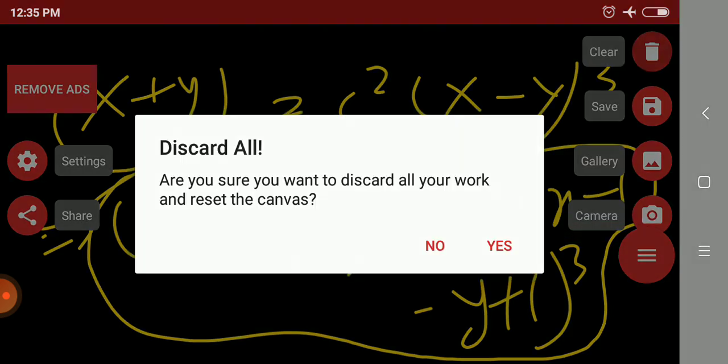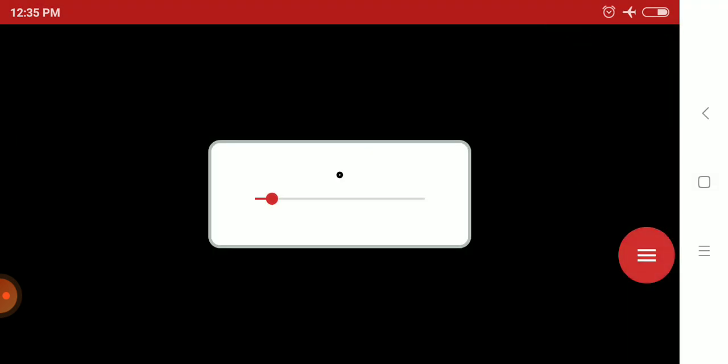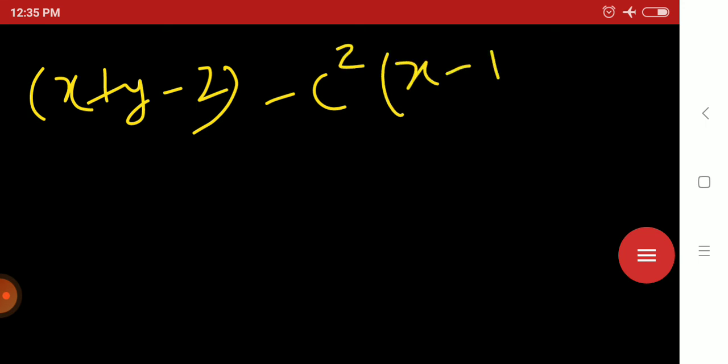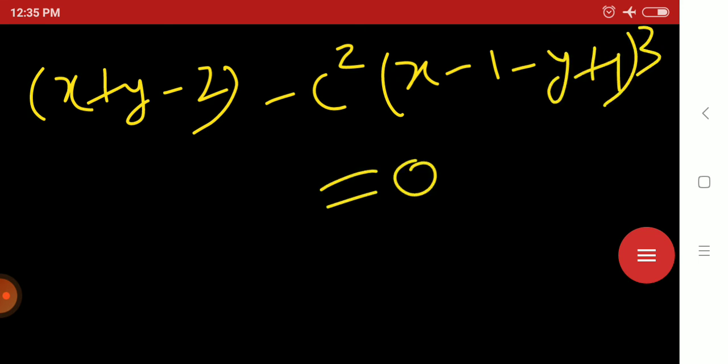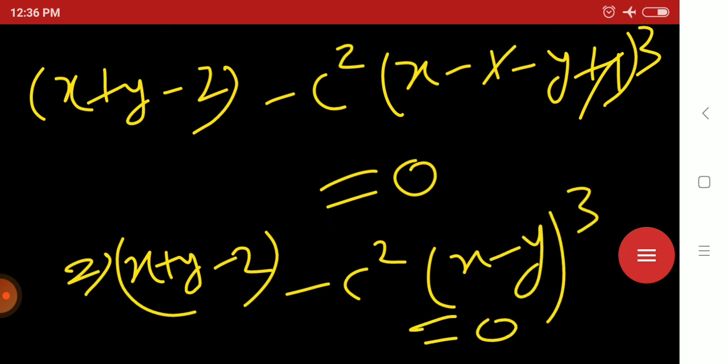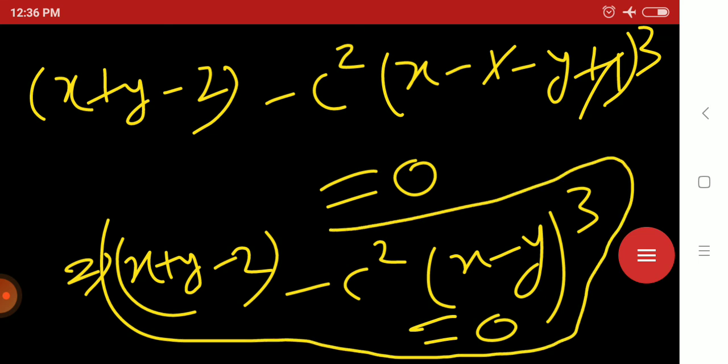It can be written as x plus y minus 2 minus c square into x minus 1 minus y plus 1 whole cube equals 0, or x plus y minus 2 minus c square into x minus y, where minus 1 plus 1 vanishes, whole cube equals 0. That's why it is the equation reducible to homogeneous equation.